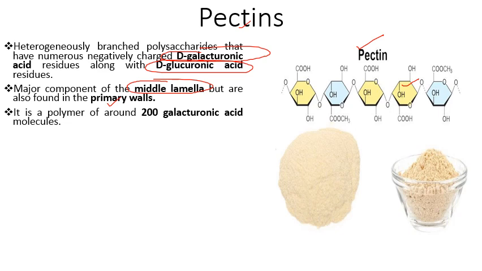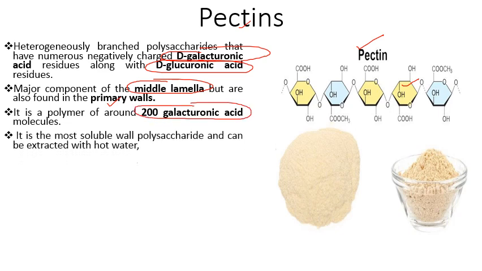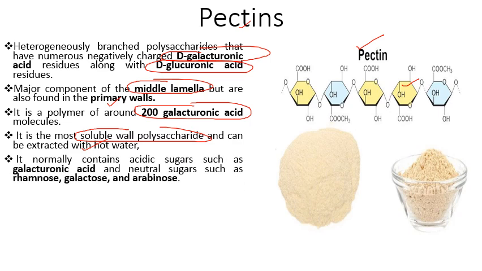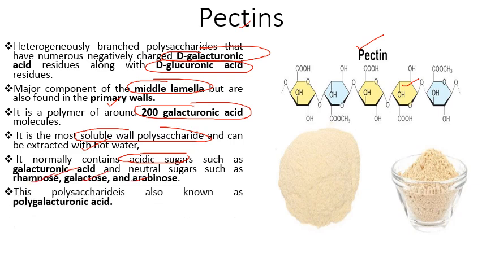It is a polymer of around 200 galacturonic acid molecules, and it is the most soluble polysaccharide and can be extracted with hot water. इसको hot water से extract किया जा सकता है. It normally contains acidic sugars such as galacturonic acid, and it also contains some neutral sugars such as rhamnose, galactose, and arabinose.